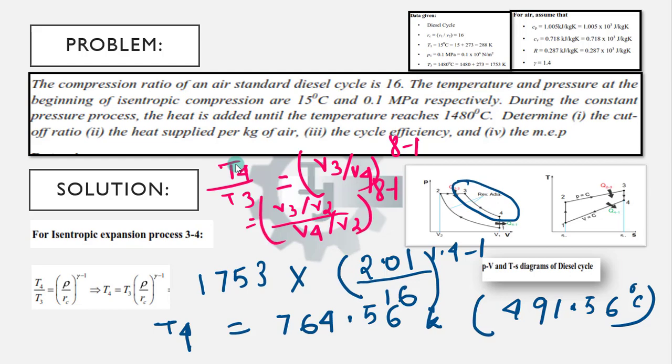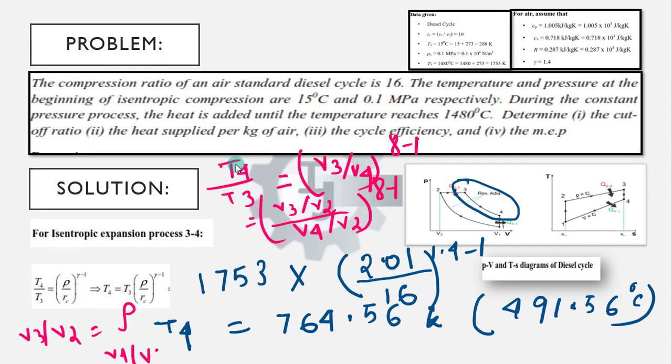We know that V3 by V2 equals rho and V4 by V2 equals Rc. From here we write T4 by T3 equals rho by Rc whole to the power gamma minus 1.